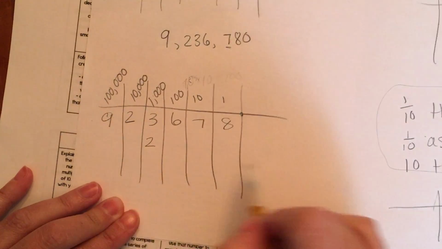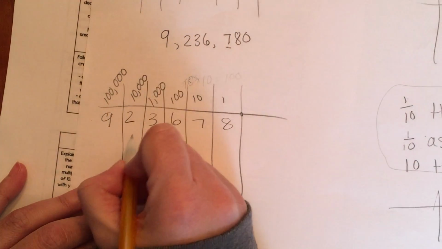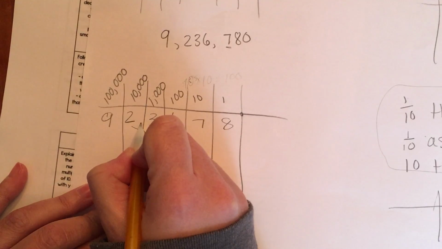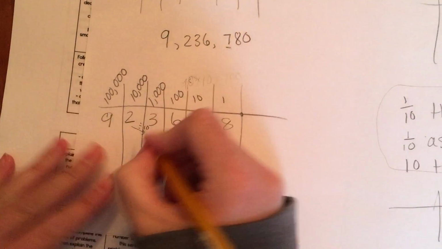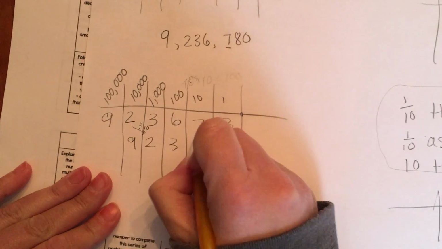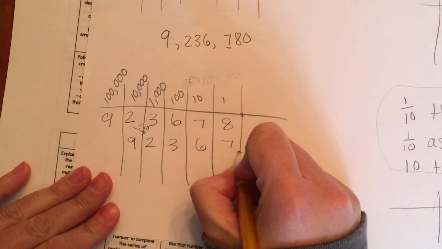Now the digits don't really matter after this, but I'm just going to shift each of them one place value smaller, and we can see how that affects our number.